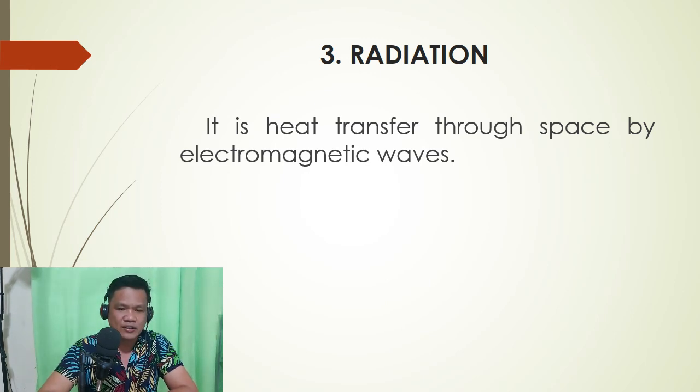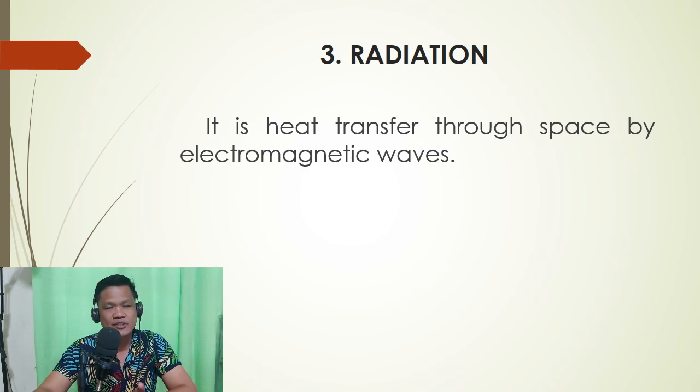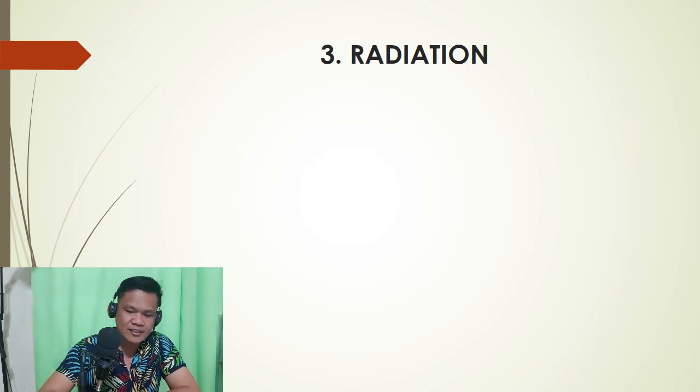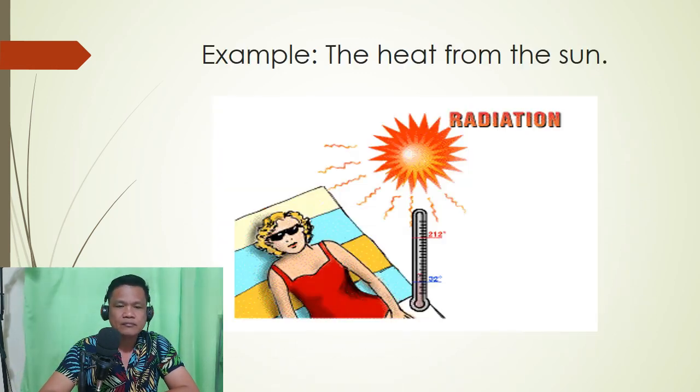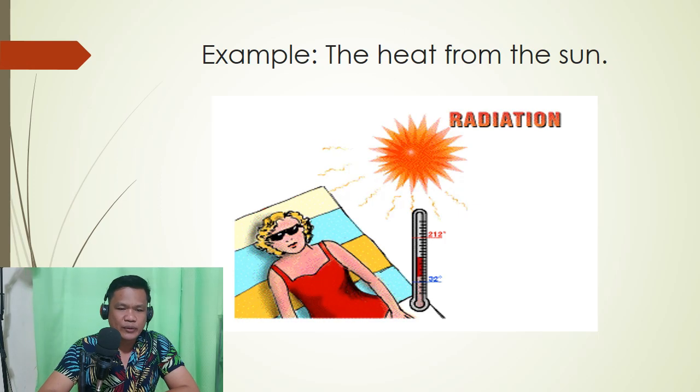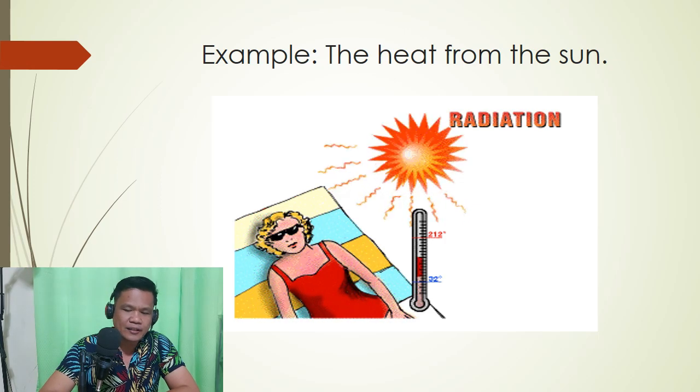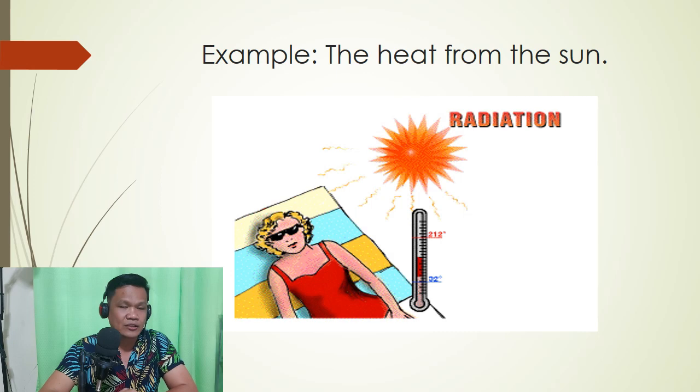In radiation, heat transfer is done through space by electromagnetic waves. Okay? A very good example of electromagnetic wave is light. So, in radiation, heat is being transferred as electromagnetic wave.